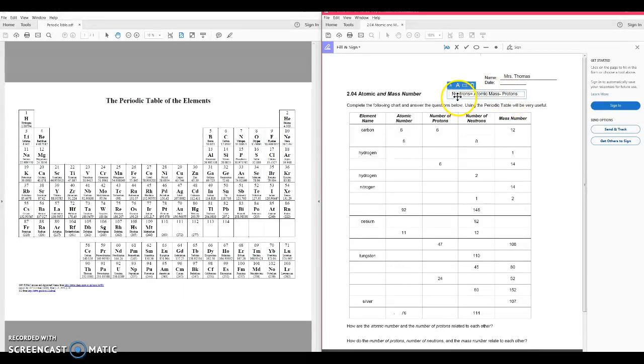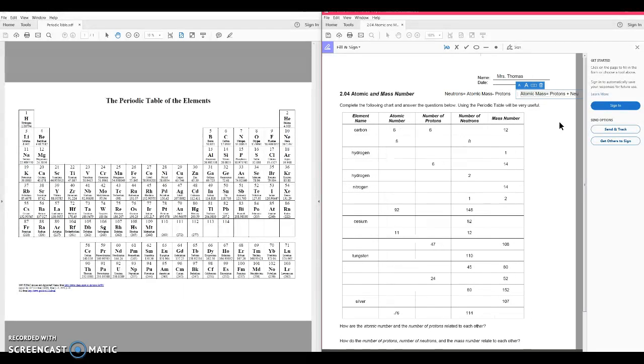So in order to find the number of neutrons, we need to look at our total mass, 12, which we can also find here by rounding the mass, 12. And we can subtract the number of protons from our total mass in order to find the number of neutrons. Another way to say this would be that atomic mass is equal to protons plus neutrons.